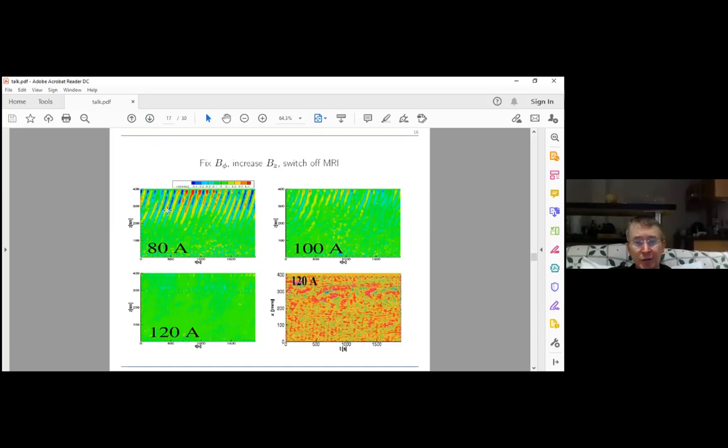Here we still have it. Then we increase the axial field, and we can really completely switch it off. Whereas in the original crude apparatus, this is how much noise we still had left over, even after the instability was supposedly switched off. So all those various upgrades really enormously improved the situation.